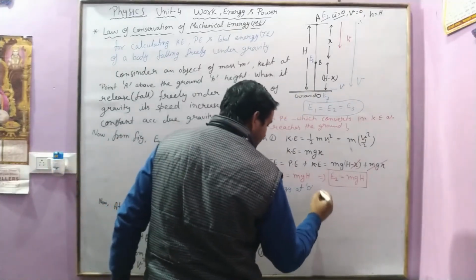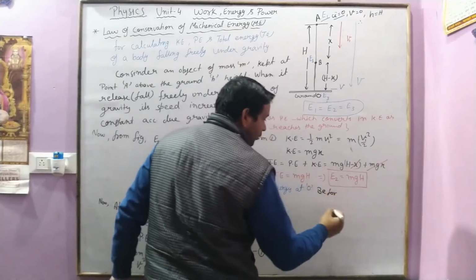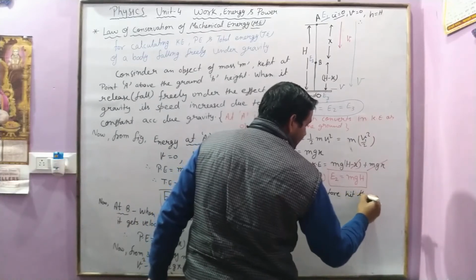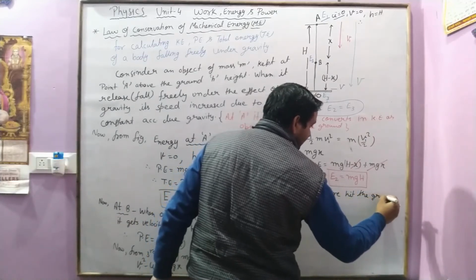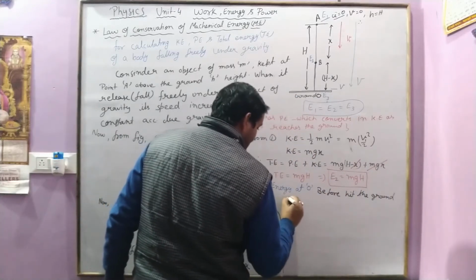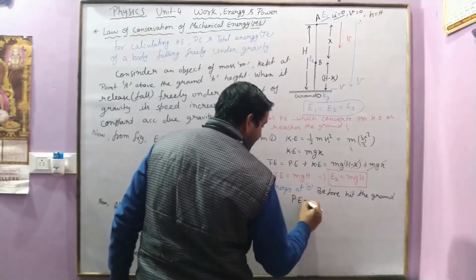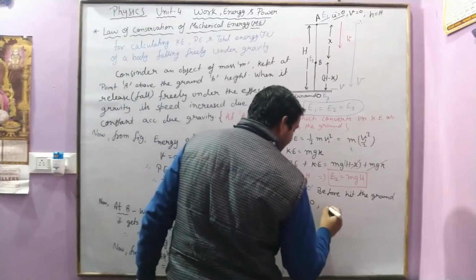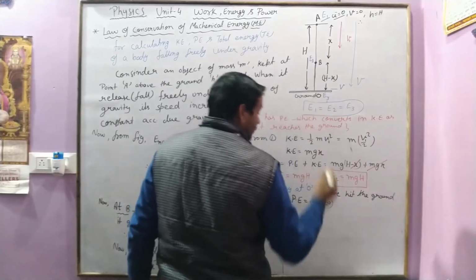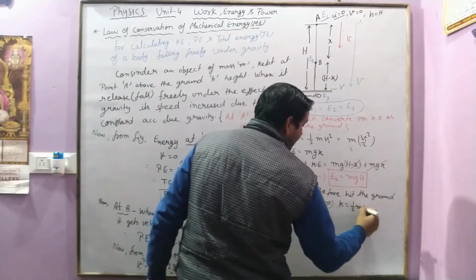Therefore, before hitting the ground, the potential energy of the object is 0 because h is 0 near O, and kinetic energy is half mv square.